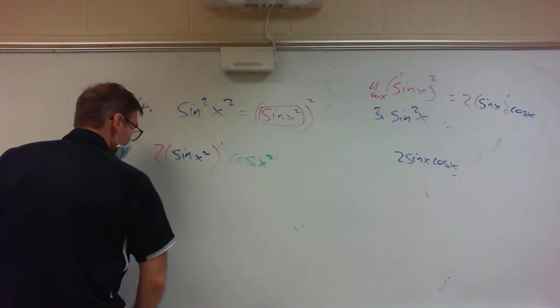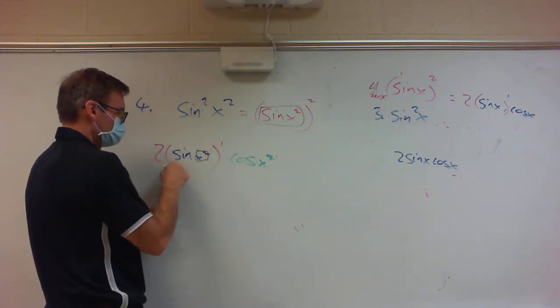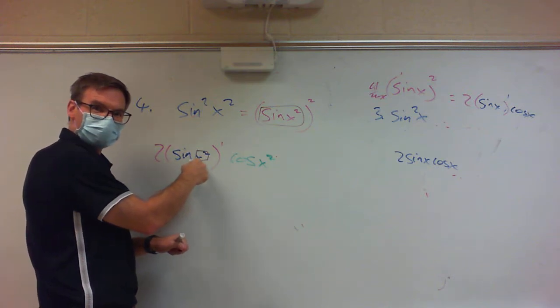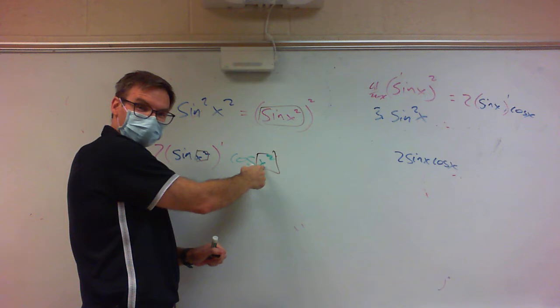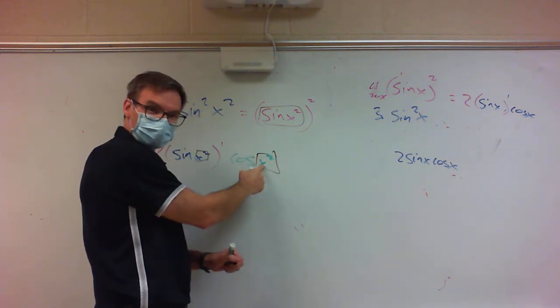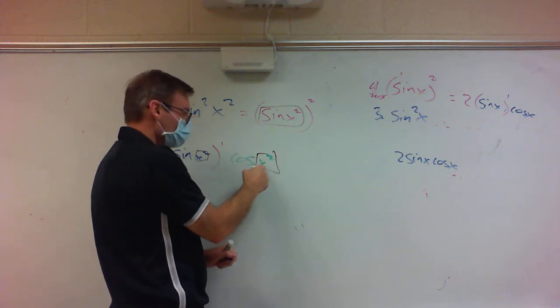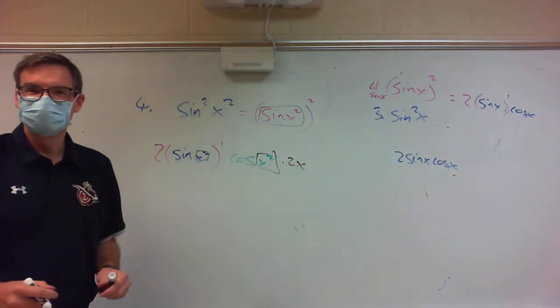I'm running out of colors. Sine stuff, right? And so then I do cosine stuff, but I said the word stuff, didn't I? If I keep saying the word stuff, now I have to take the derivative of that. And so the derivative of that is going to give me my 2x.